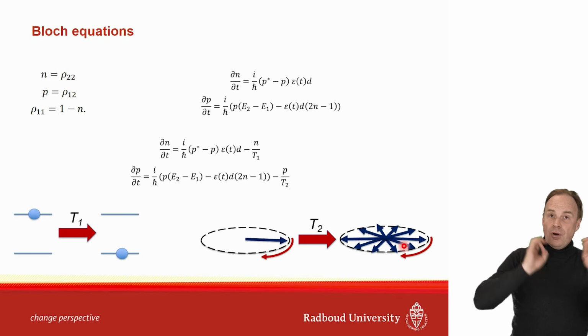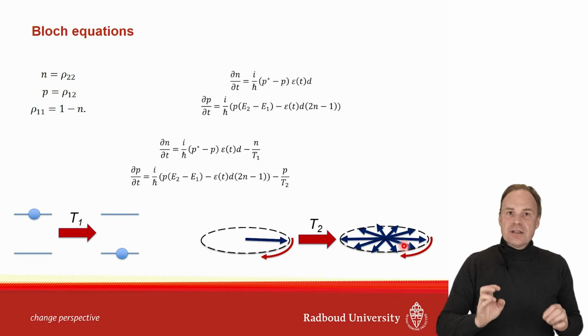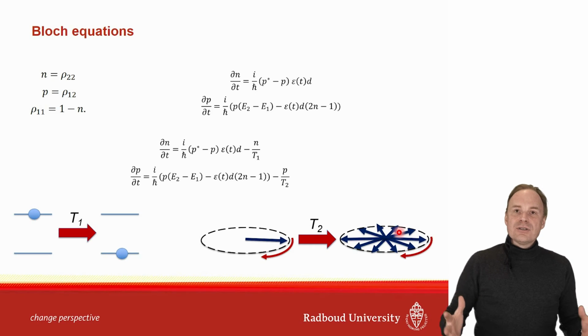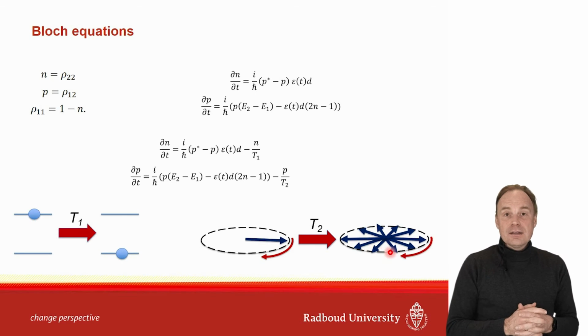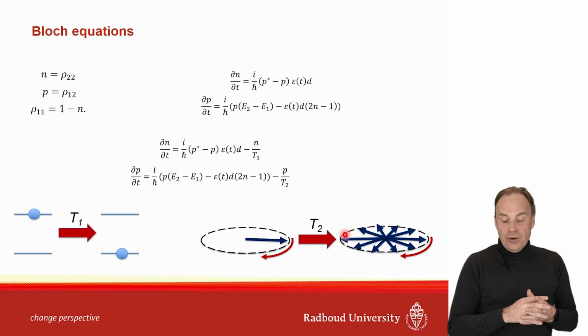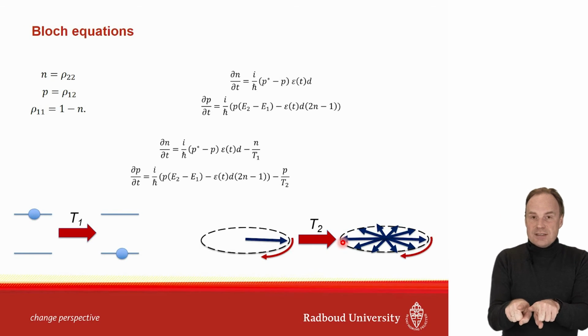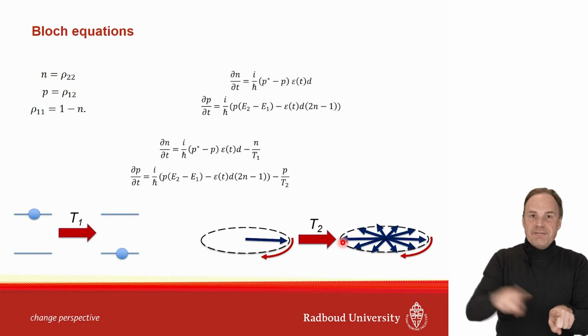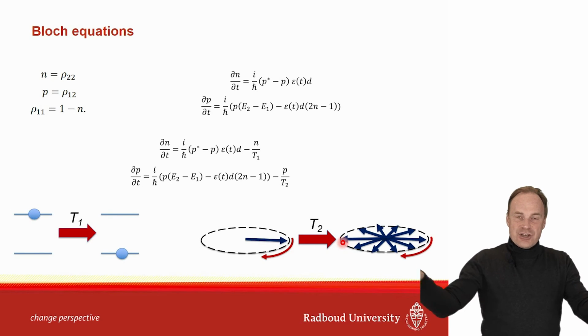And as a result of all these interactions, which normally are not taken into account in simple models, each of these two-level systems will have a phase slip, so will slightly change its phase.